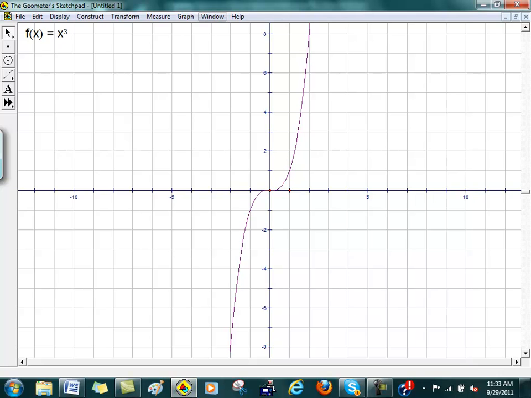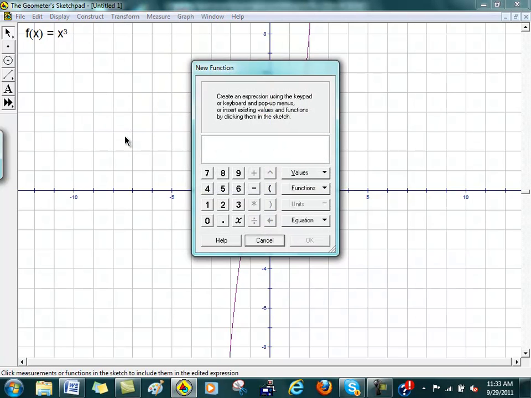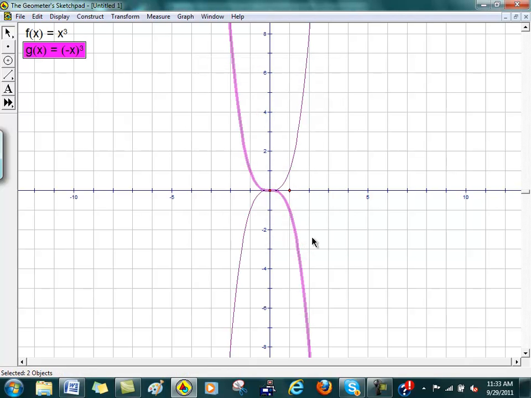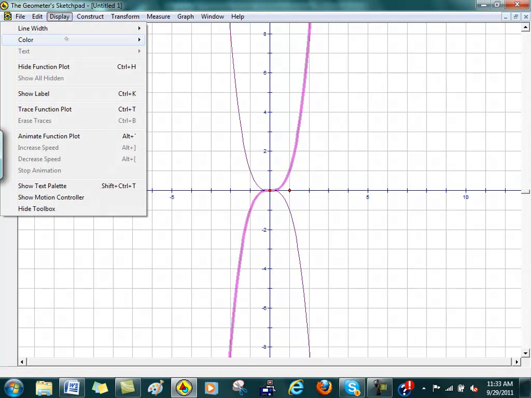Okay, so let's graph the new function, and I want parentheses negative x to the third. Can you see which one's which now? Yeah. Okay, so I should have really changed the colors on these. This was my original one, so let's make that red. Red's good.